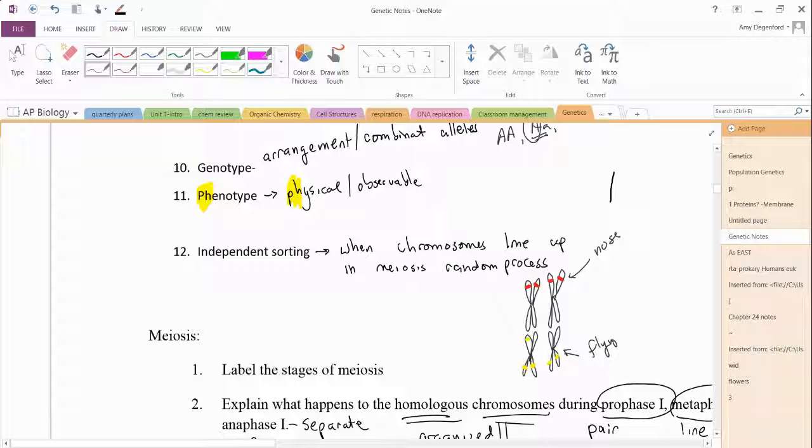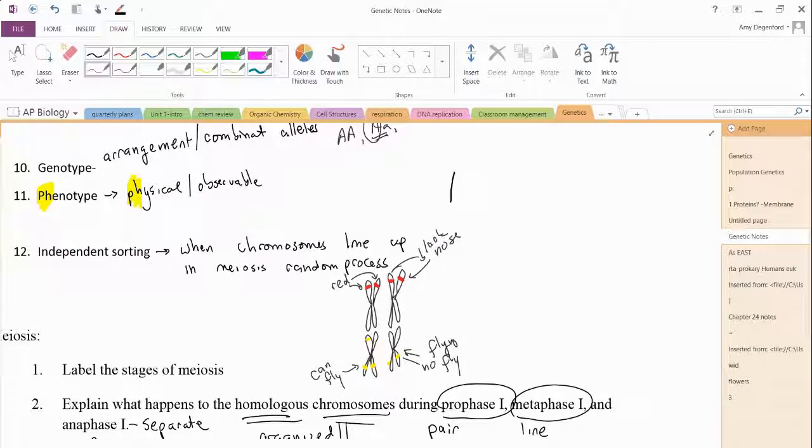Now think about this from a probability standpoint. We have a couple of different ways these could arrange themselves. On the top, we might have the red nose on both of these chromatids, and then on this one we might have the black nose. Down at the bottom, we might have can fly here, and over here, no fly.